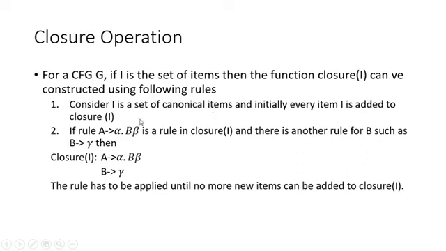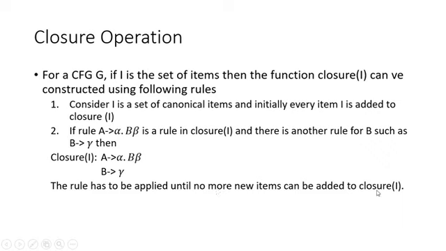The second rule says that if A derives alpha dot B beta is a rule in closure I, and there is another rule B derives gamma, then closure of I becomes A derives alpha dot B beta and B derives dot gamma. This rule has to be applied until no more new items can be added to the closure.